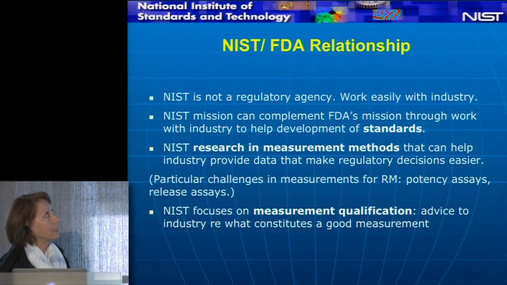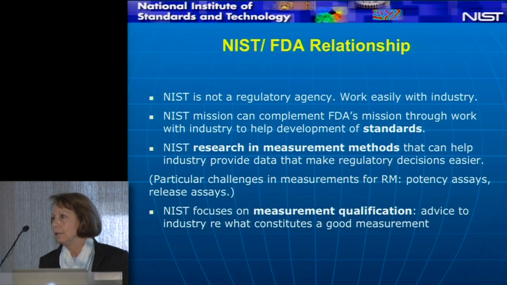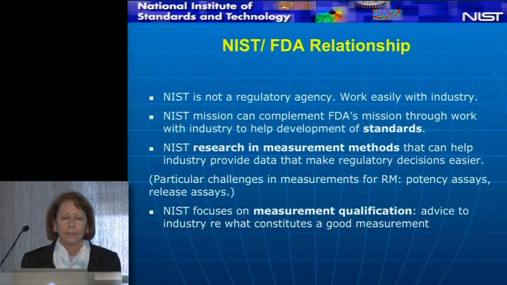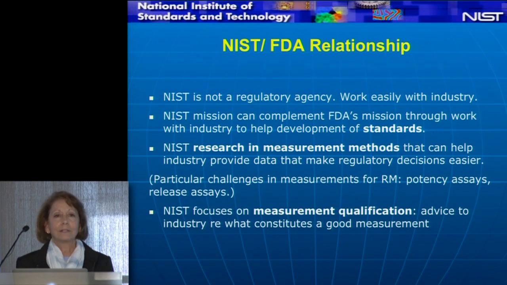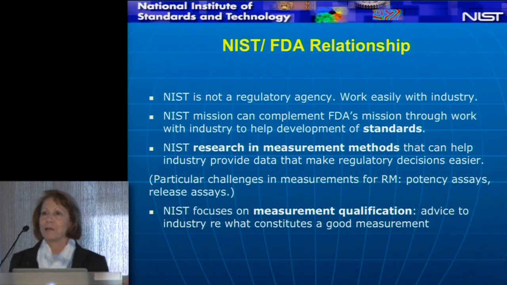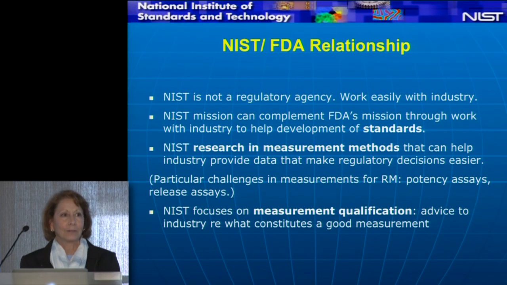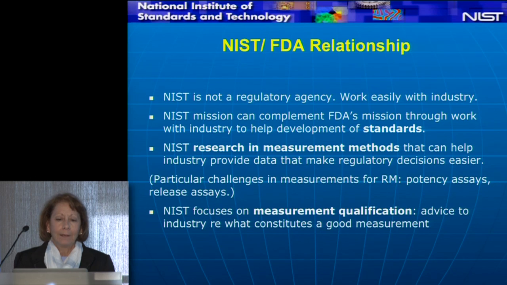NIST differs from the FDA in that we're not a regulatory agency, and so the kinds of interactions that we can have with industry are very different from FDA's interactions. We can tell industry things, and it's not really going to have a lot of impact in terms of changing a regulatory process or a legal process necessarily.